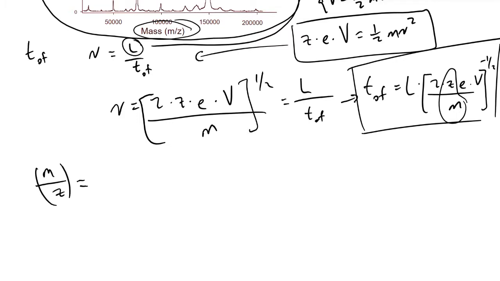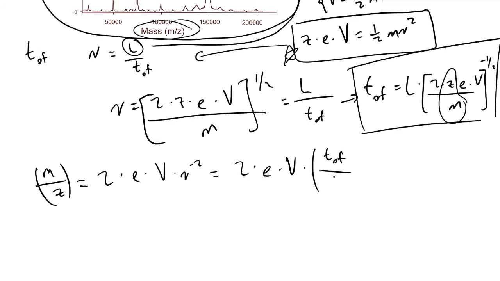We're going to have m over z equal to, we're going to rearrange this equation here and solve for m over z, and find that it is equal to 2 times the charge times the voltage times velocity raised to the minus second power. This is equal to 2 times e times v times the inverse of velocity, which would be time of flight, divided by length of our vacuum chamber, quantity squared.